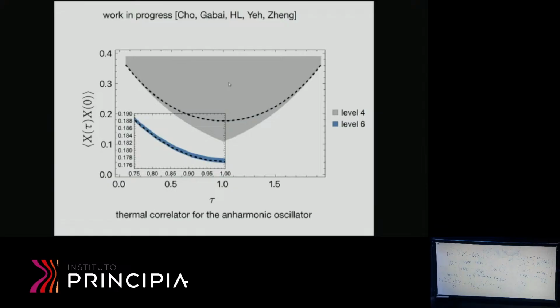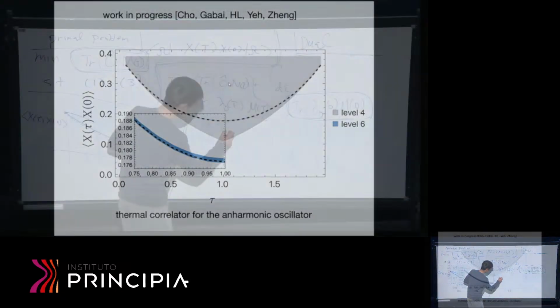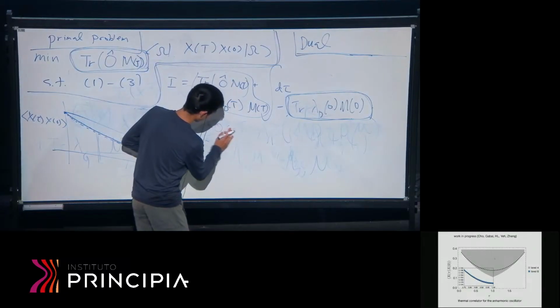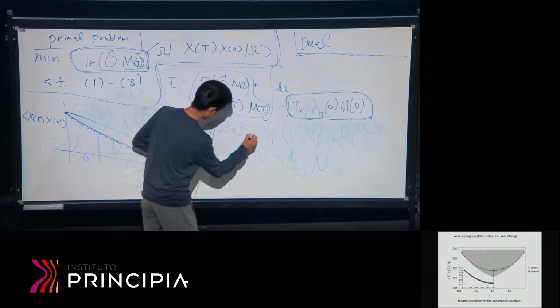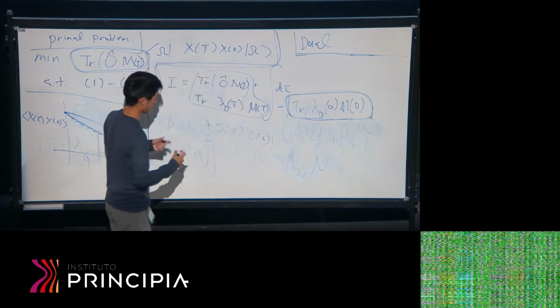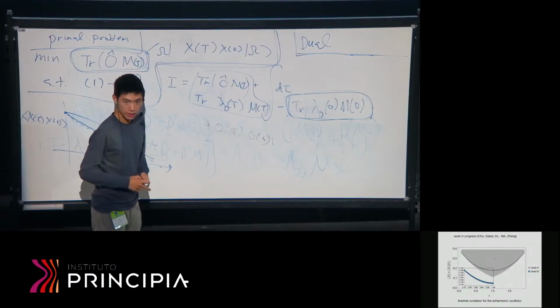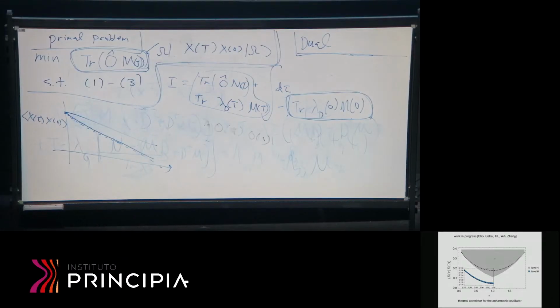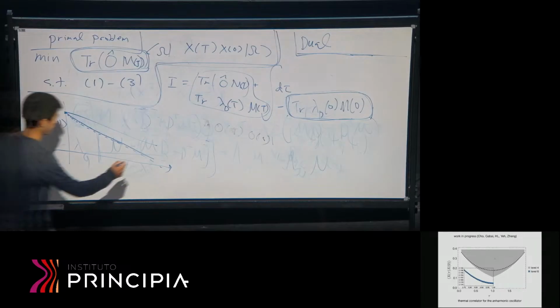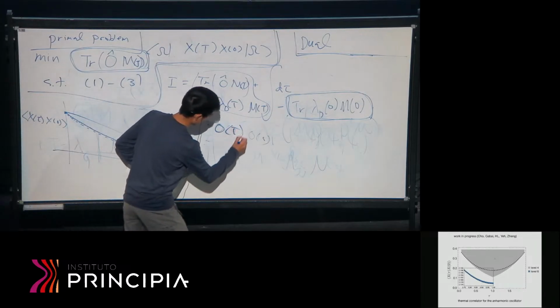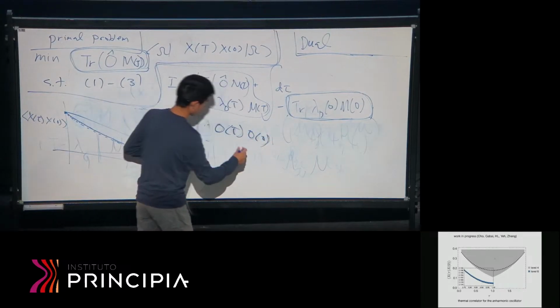In case you're not familiar with this language, all I'm saying is that if you compute the Lorentzian 2-point function, let's say, of some operators, O(t) O(0), in the thermal ensemble. This could be in field theory, in any holographic theory, really.